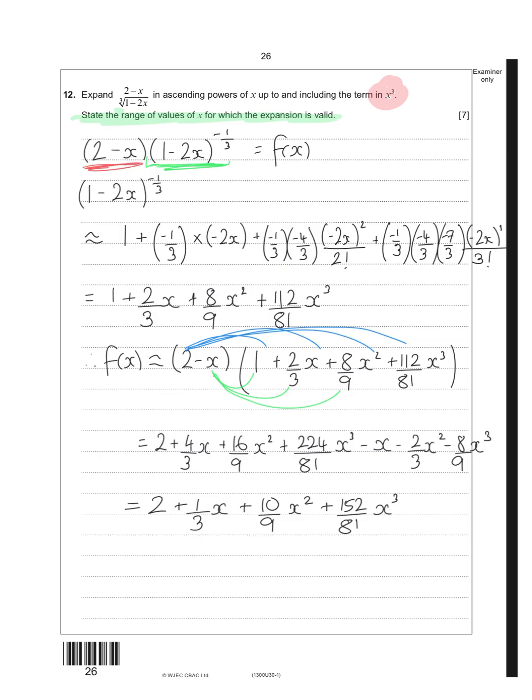So we're going to say valid for mod x less than 1/2. You could first of all say the mod of 2x is less than 1 if you'd like, and then go to this as your answer. But that is my final answer, and there are 7 nice marks for us.